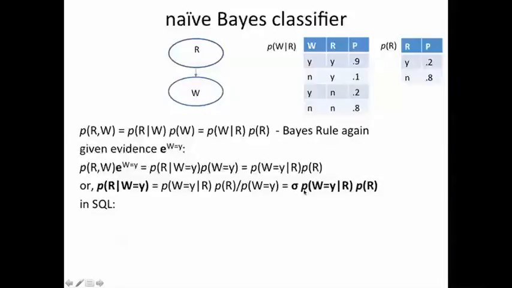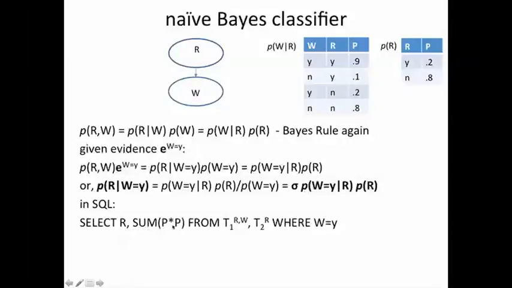In SQL, we can write this as select sum of P times P from these two tables where W equal to yes, and R equal to R, because we have to make sure that we're joining these tables on the common attribute R, and finally grouping by R. This is what we've studied before, how to multiply two probability tables.